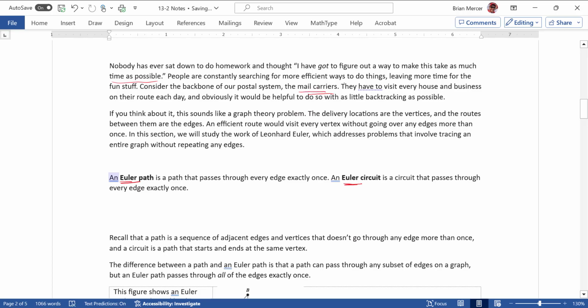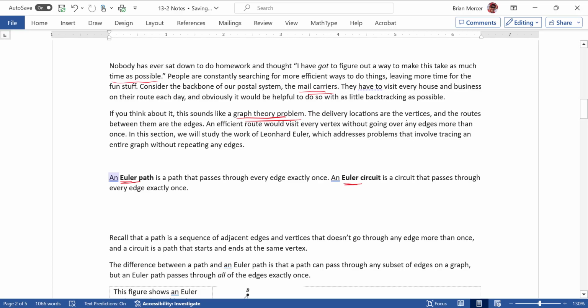Or if you think about Amazon drivers or FedEx drivers or anything else, they've got to go through a certain path, hitting certain stops, and they have to do that as efficiently as possible rather than going everywhere aimlessly. You want to think about ways to do that in the most efficient way possible, and that's where graph theory comes in.